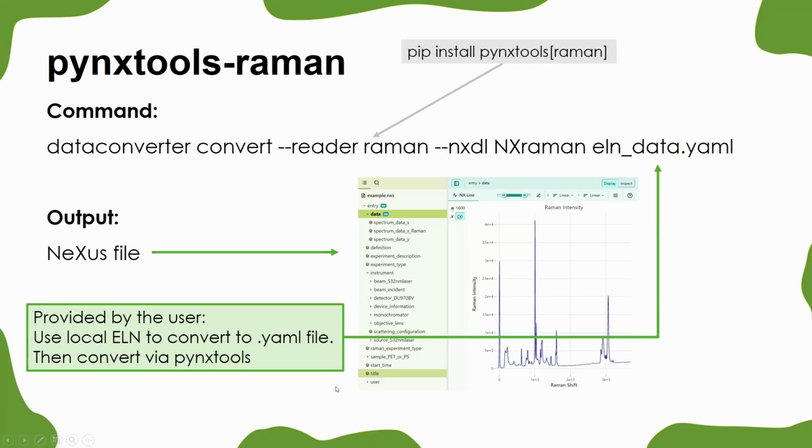This is the file that you have to provide to point to the measurement data you want to put in, and it also contains the metadata, yeah, which sample, which user, and so on. This is what you have to provide to make pynxtools Raman, or pynxtools in general, work.